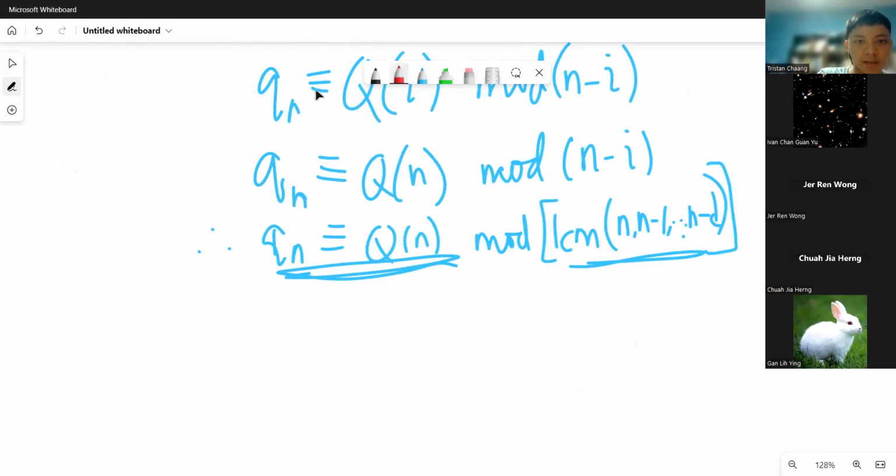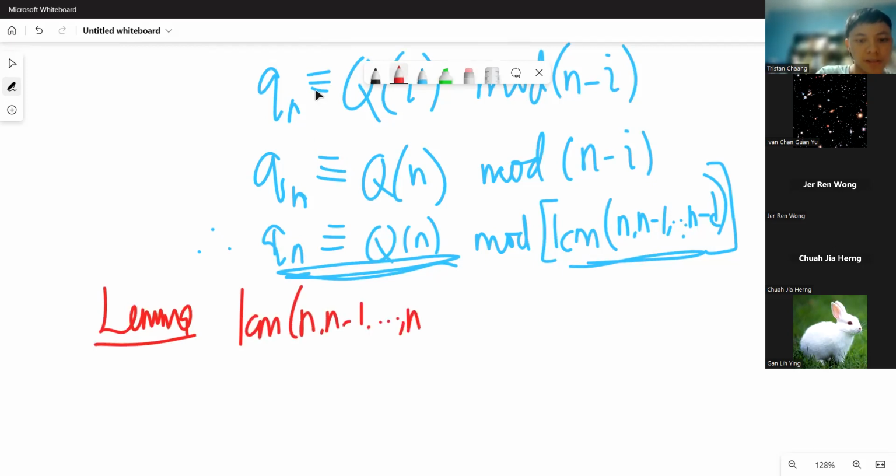In fact, lemma: the LCM of n minus 1 dot dot dot n minus D is kind of the same growth order as n to the D plus 1. Well, why? If you just simply multiply all of them together, it's quite obvious that would be n to the D plus 1.